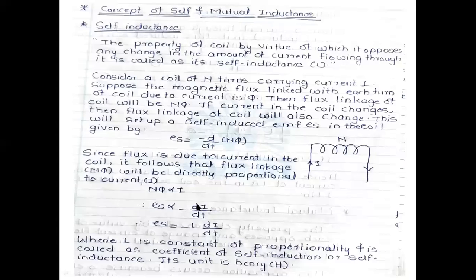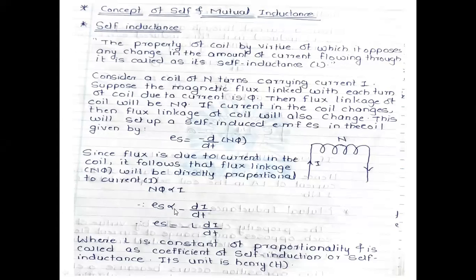This minus I can send to the RHS side. So you write here minus es is directly proportional to dI/dt.